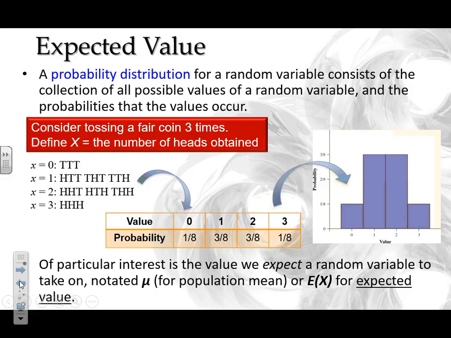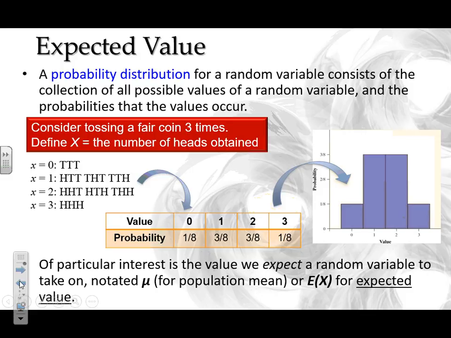So if we list it out in histogram form, where would the mean of our distribution lie? Between 1 and 2. Anywhere between 1 and 2, or specifically somewhere between 1 and 2? Should be directly in the middle, right? So right at 1.5 is what we would expect.